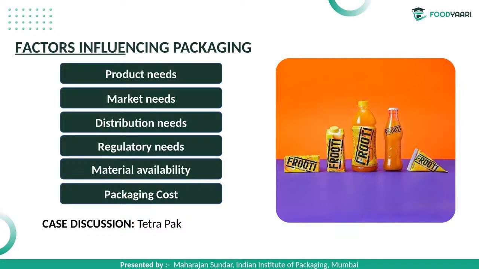The packaging developers and designers started to scratch their heads. How can we do it? Because in Tetra Pak packaging, the straw is the most important component, so that people can enjoy the product inside it.